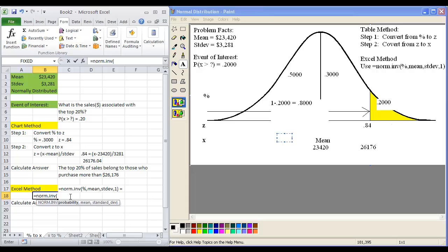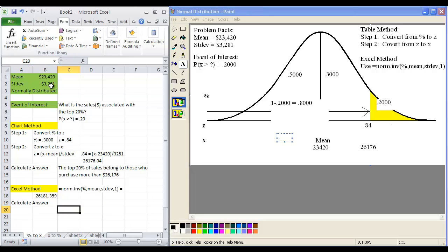And so let's go ahead and type equals norm.inv. Now I know the percentage value I have to put in there is 0.8, or I could put 80%. I know that my mean, which is what it's asking for next, is 23,420. Then a comma, my standard deviation is 3,281, and I'm going to end parenthesis on that one. And when I do it, it comes up with the answer of 26,181.